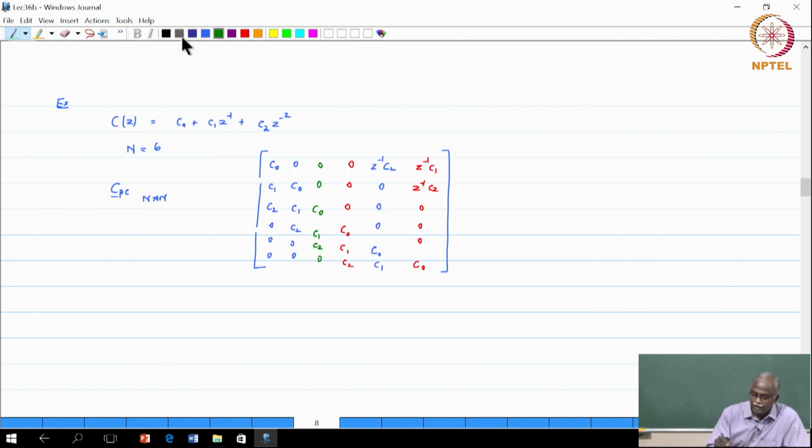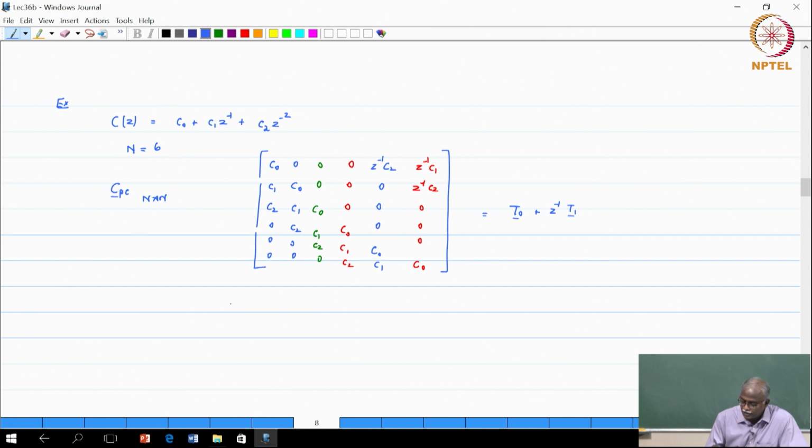Okay, now for this matrix, can you write for me what is T naught? Write it in the form, basically I would like to write it in the form T naught plus Z inverse times T1. Okay, what are T naught and T1?